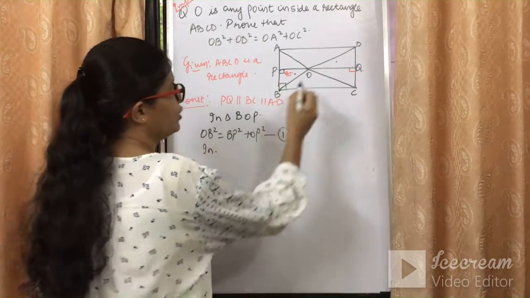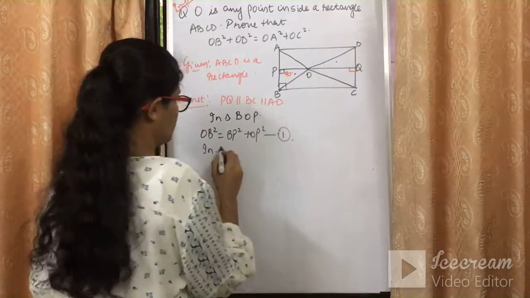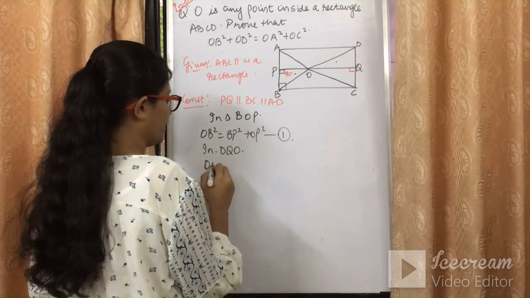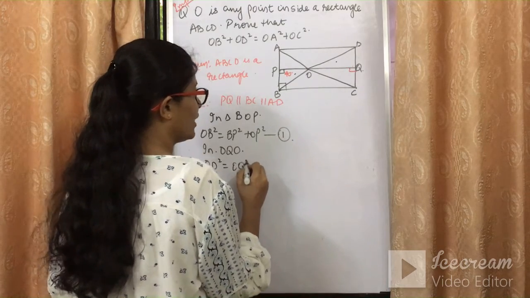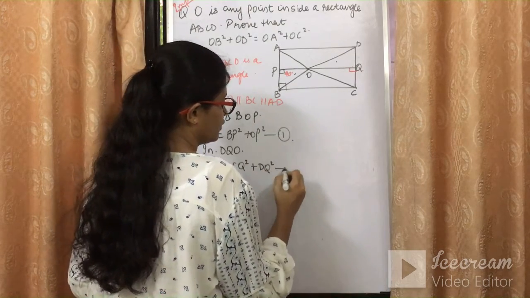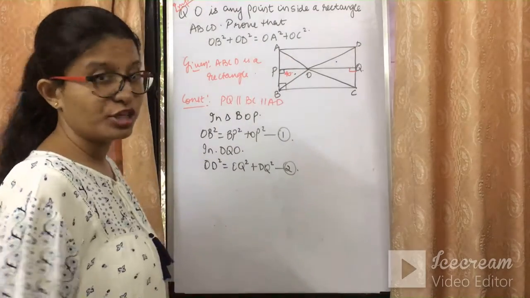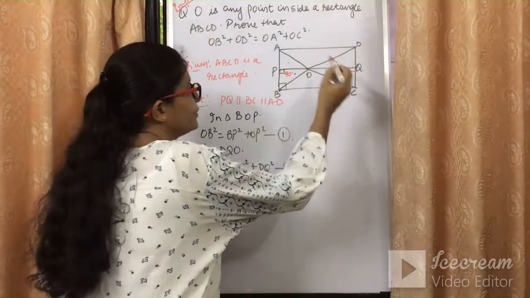Now similarly in triangle DQO, we will apply the Pythagoras theorem. So you will get OD square will be equal to OQ square plus DQ square. This will be the second equation. Now what we wanted, we also need OA square and OC square. Where will we get that from? We will get that from these triangles.